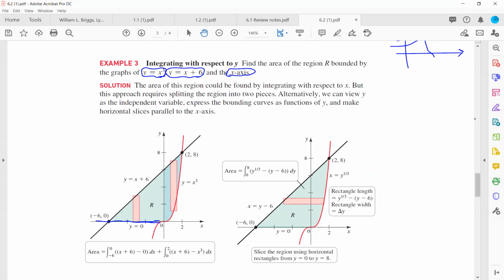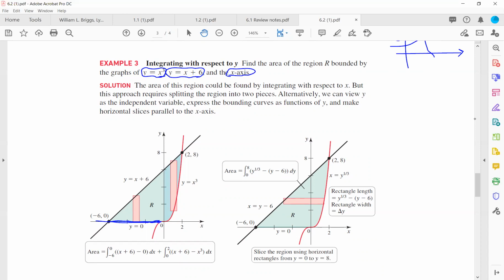So always read the question carefully. It's bounded between this line, this function, and the horizontal axis. You're looking for the area between these functions. Perfect.